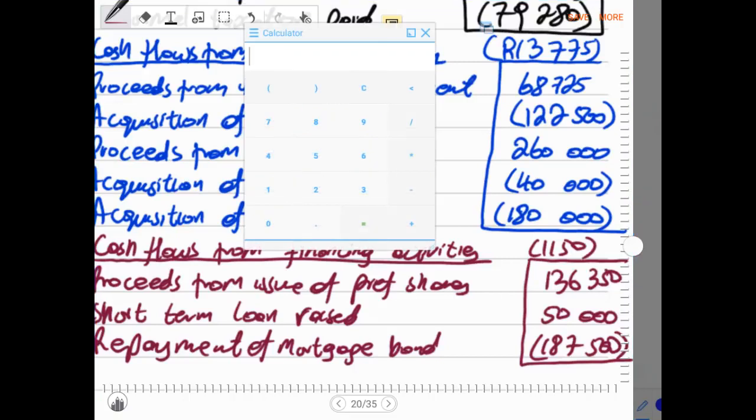It is negative because 136,350 plus 50,000 minus 187,500 is negative 1,150.